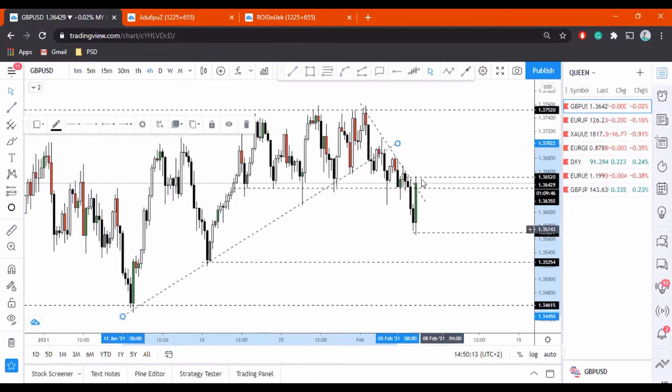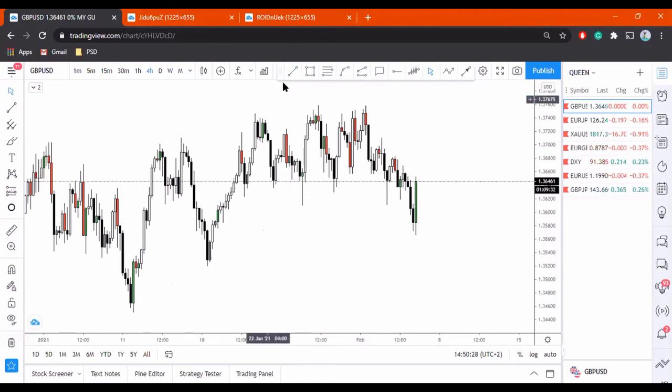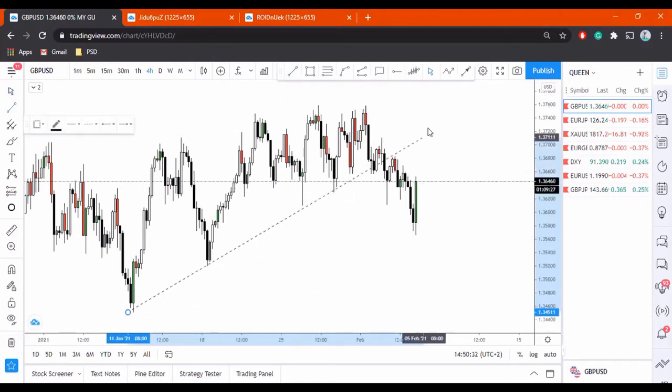So before this action that happened yesterday and today, this was our trend. That was our trend. Actually, let's delete everything and put the trend line on here. This was our previous trend.